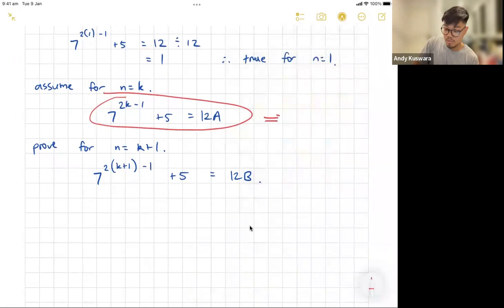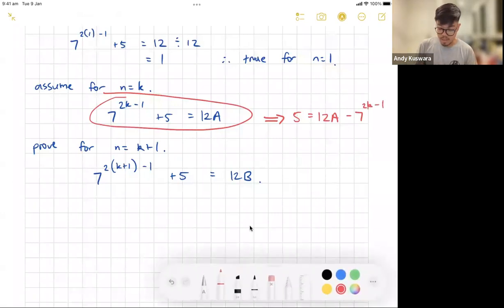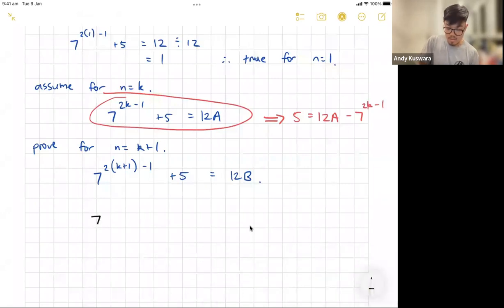Going with this line here, I can see that 5 is common. So 5 is going to equal 12a minus 7 to the 2k minus 1. All I've done is rearrange the formula. Now I can rewrite this as 7 to the 2k plus 2 minus 1.